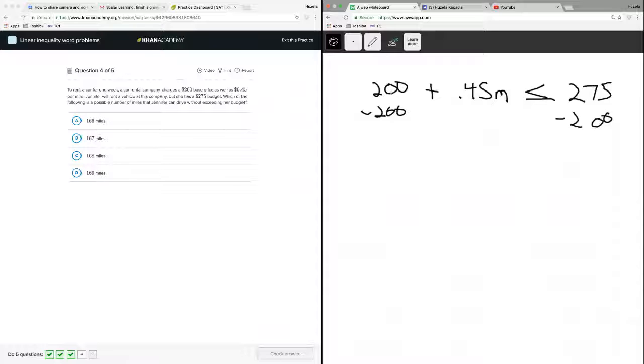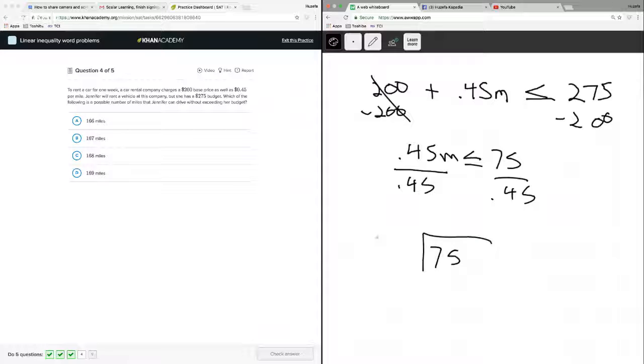It'll be much easier. So we'll subtract, and we got 0.45 times m is less than or equal to 75. Now how many times does 0.45 go into 75, because we've got to divide by 0.45. This is where you could just do it in your calculator. I'll try and do it fast. I move the decimal places over because we don't want a decimal there.